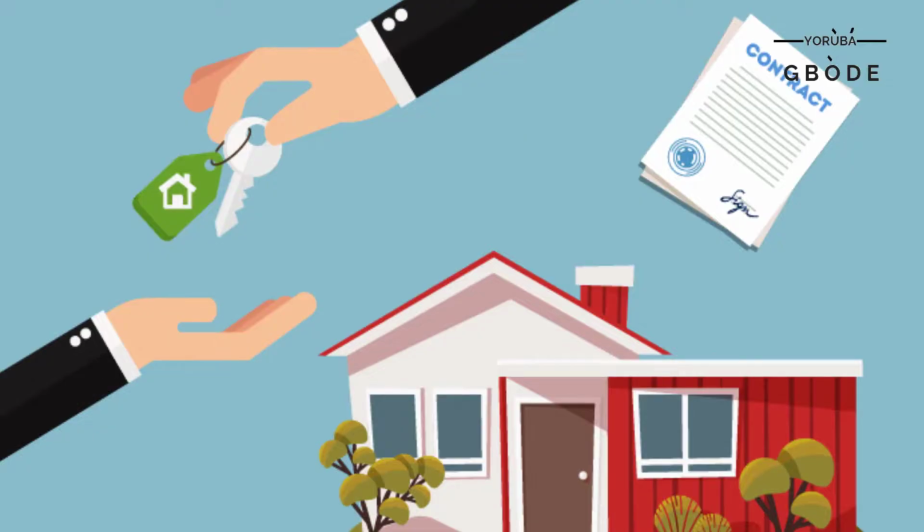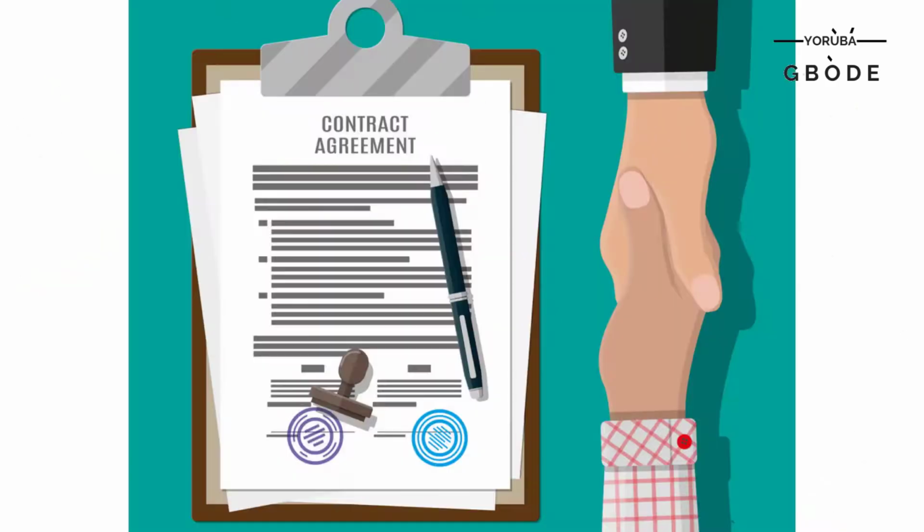Then we have words like agreement. Agreement. That is the do's and don'ts that you agree together, that is binding on the two of you, the landlord and the tenants.